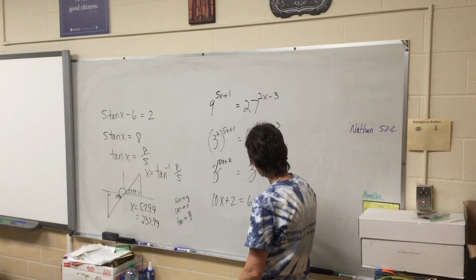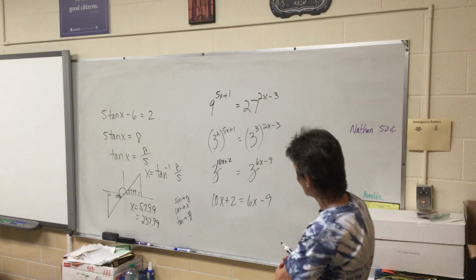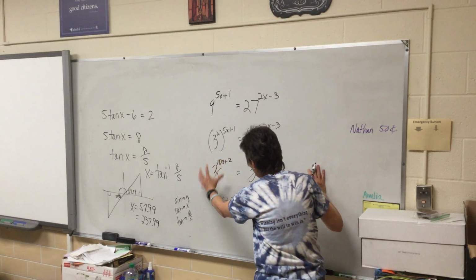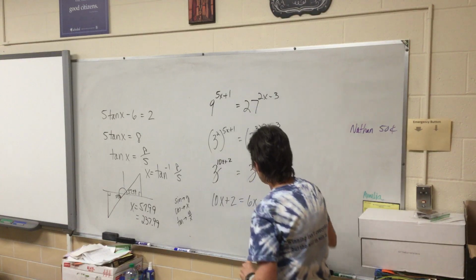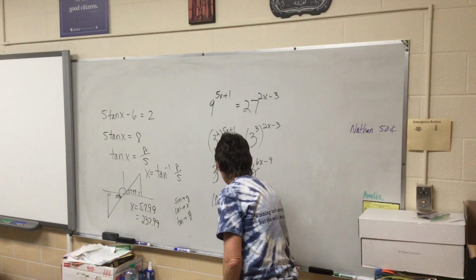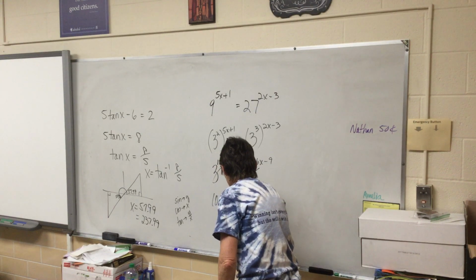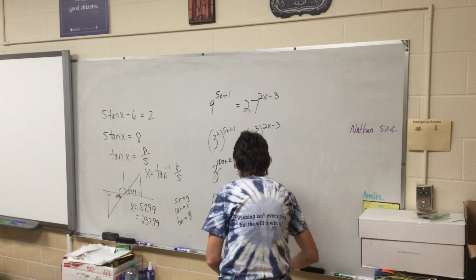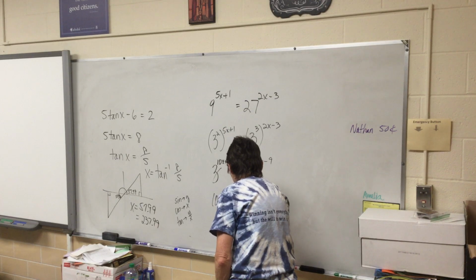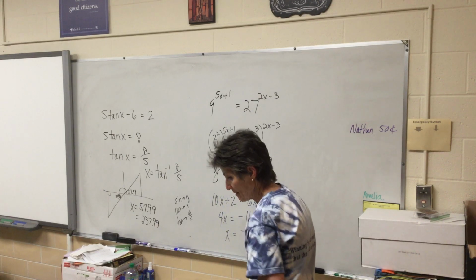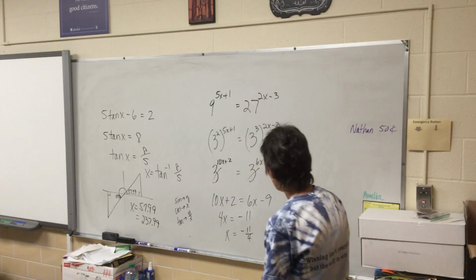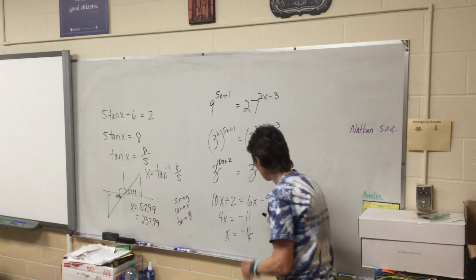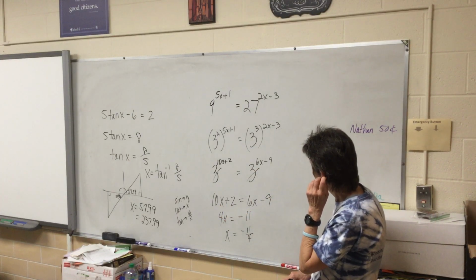So drop out the 3's, just like we dropped out the logs when we had log equal log. So 4x equals 7, and it looks like x equals, oh, no. 4x equals negative 11, and x equals negative 11 over 4. So subtract 4x, subtract 2, there it is.